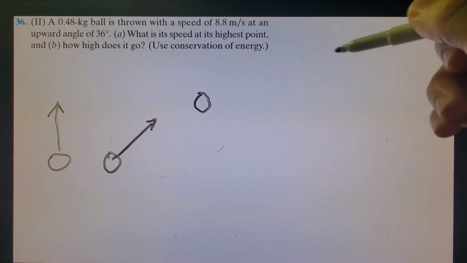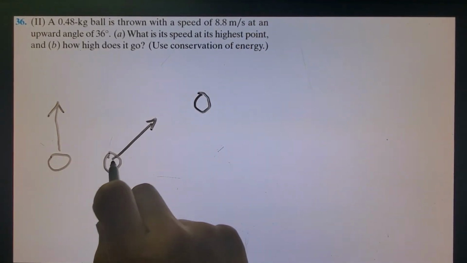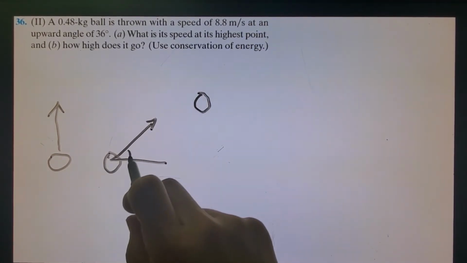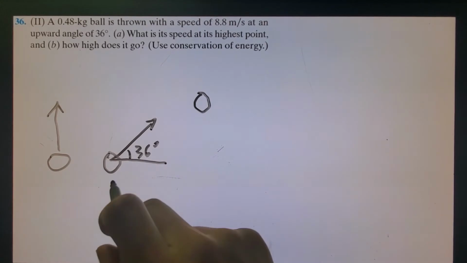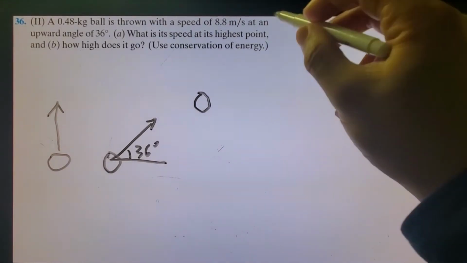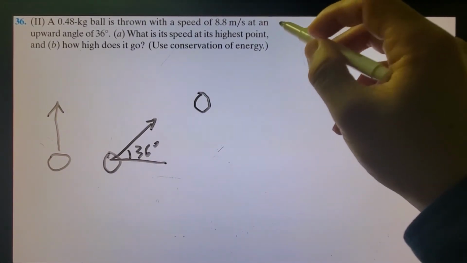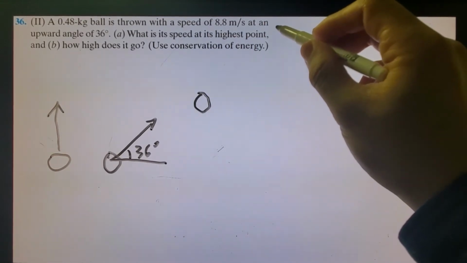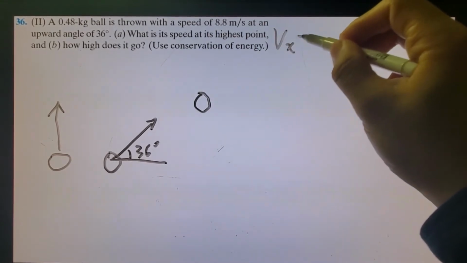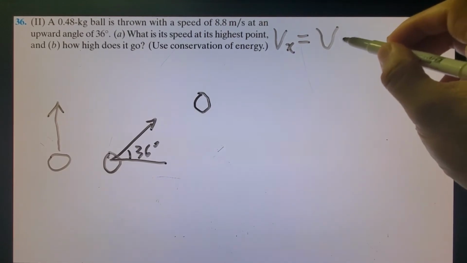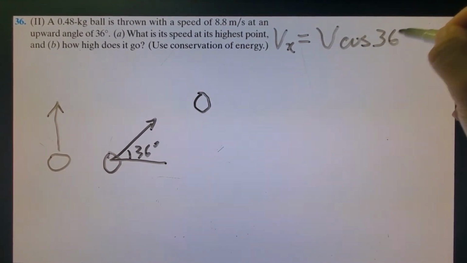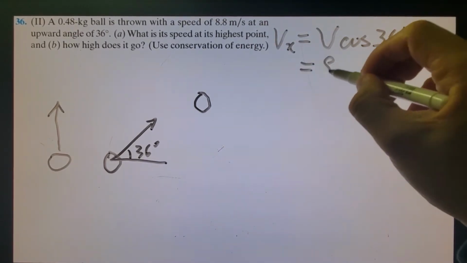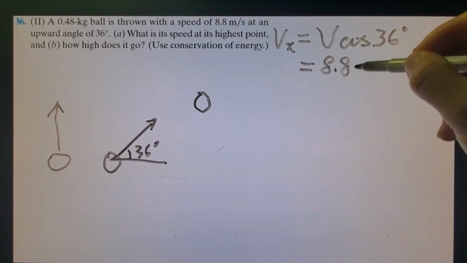for the speed. All right, so before anything, if this angle is 36 degrees, we have to analyze its components. What we have learned before is that the velocity in the x direction is equal to the velocity times cosine of theta, that means cosine of 36, and that is equal to 8.8 meters per second.